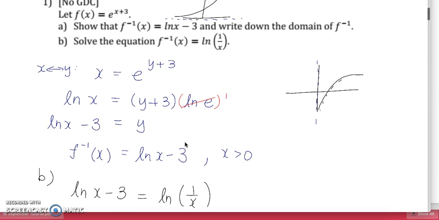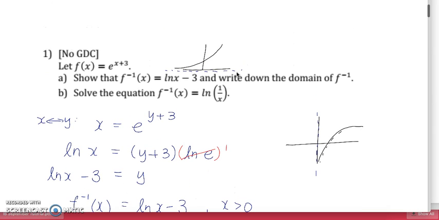And when it comes to the domain of this function, maybe it's good to review what an exponential function looks like. So f of x is e to the power of x plus 3. This is the exponential function of base e, shifted 3 units to the left. This still gives us a shape that is an exponential growth with a horizontal asymptote along the x-axis.